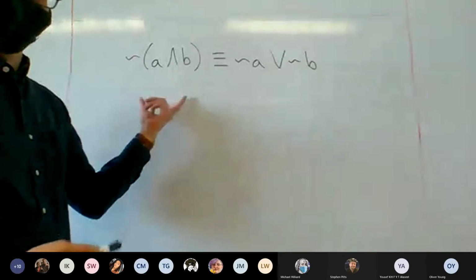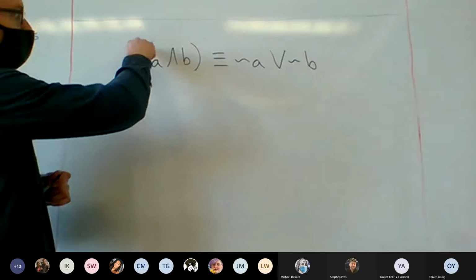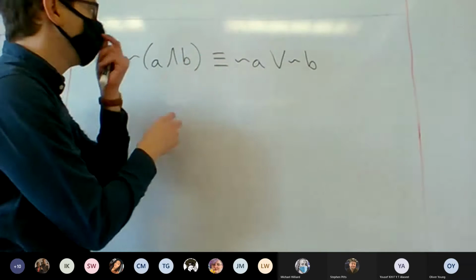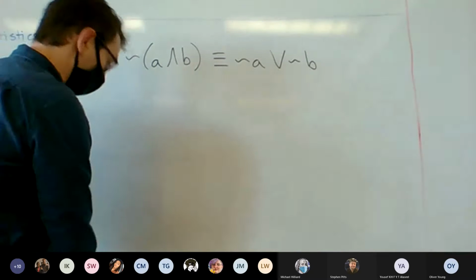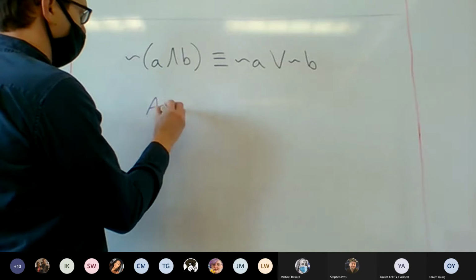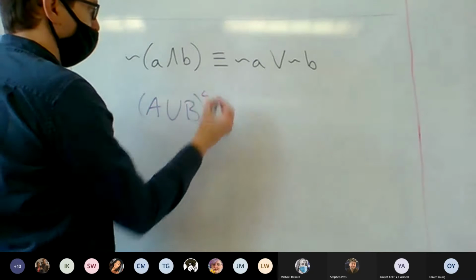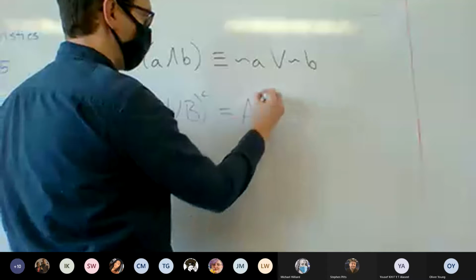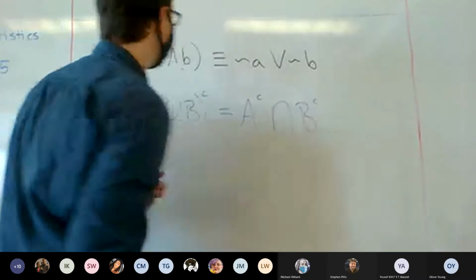This is De Morgan's laws for logical statements. It's kind of the same thing. Think about the distribution of the negative sign, the negation, and also flipping the operation. It's very much analogous to what we had before with A union B complement being equal to A complement intersect B complement.